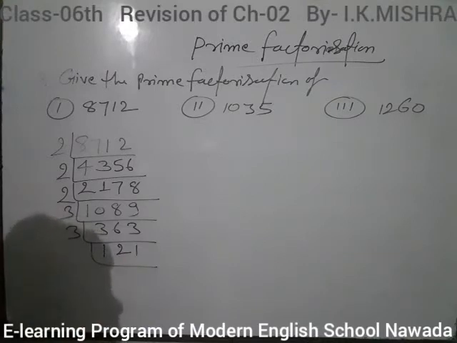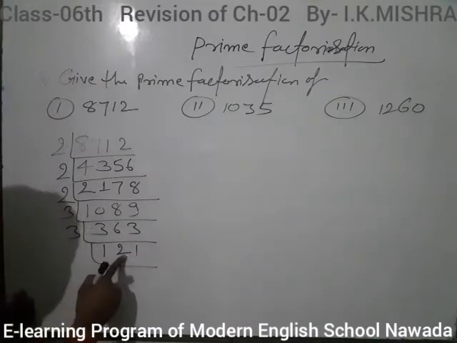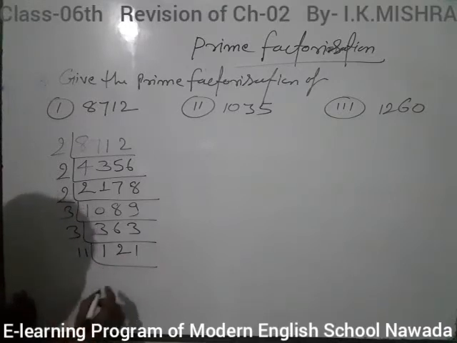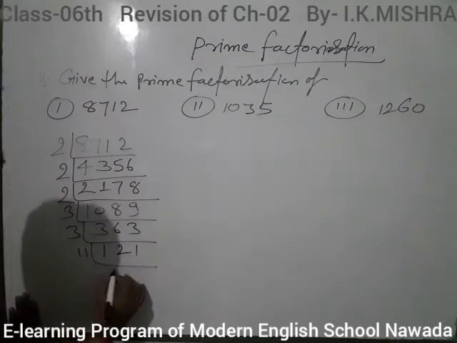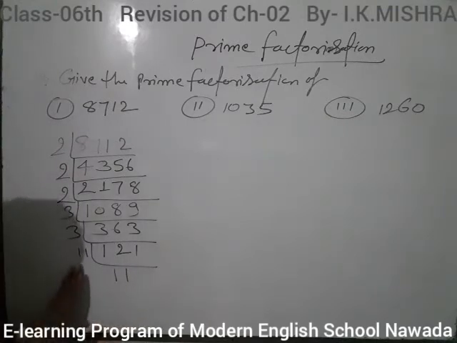Then check by which number it is divisible. Suppose it will be divisible by 11. For 11, the difference of the sum of the odd place and even place digits should be 0. So 11 times 11 is 121, and again it will be divisible by 11.